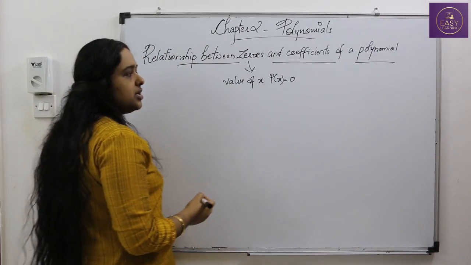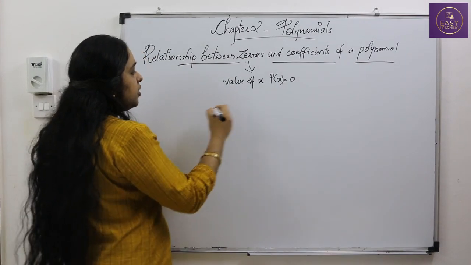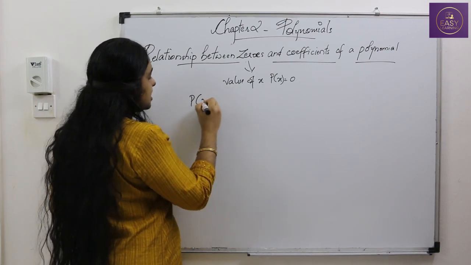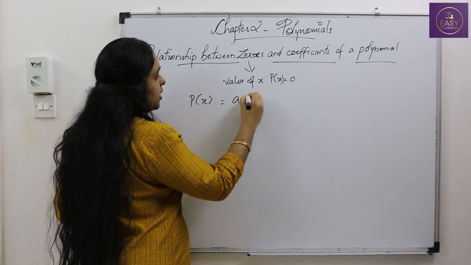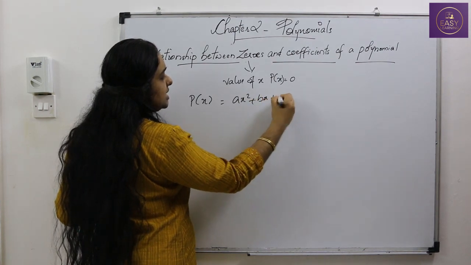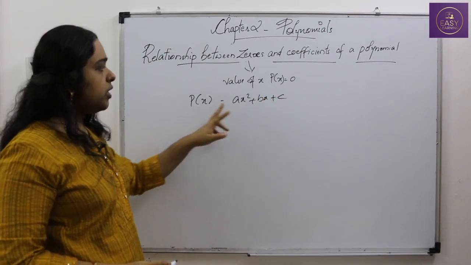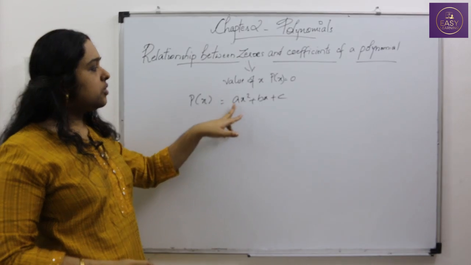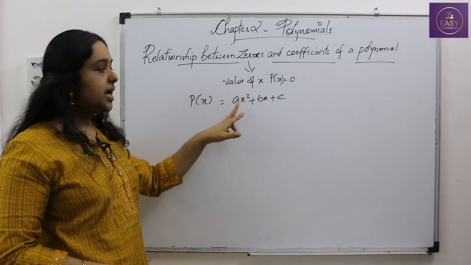Then what are coefficients? Suppose p of x equals ax square plus bx plus c. Coefficients are the constant terms with the variables.